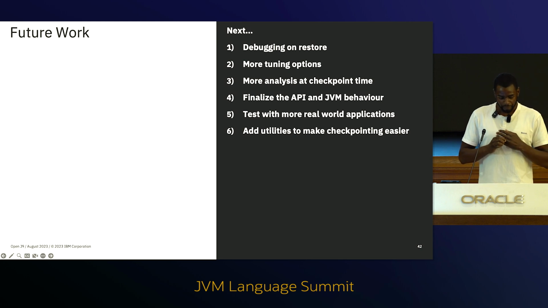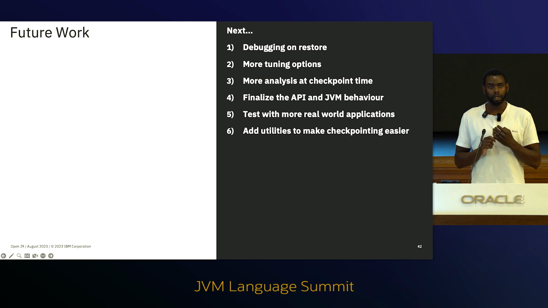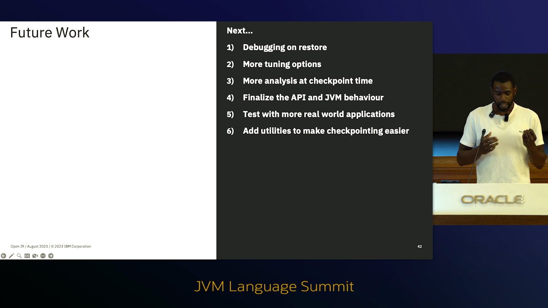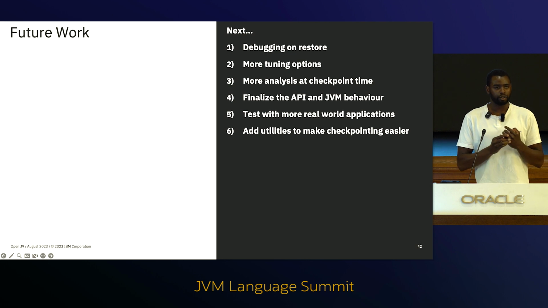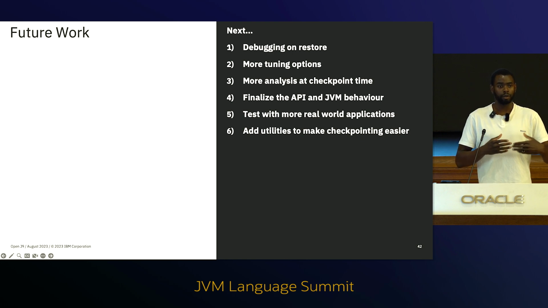As future work, we're looking to add more support in the JVM to enable more debugging capabilities. We already have some for things like method tracing, thread dumps, and things like that. We would like to be able to enable Java debugging, like with a debugger, on a restored image. So this is your regular production image, and then you can debug it as well.